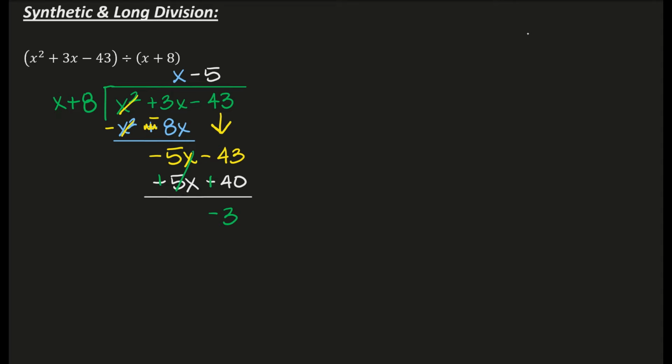Now, x cannot go into negative 3. So this negative 3 is going to be my remainder.